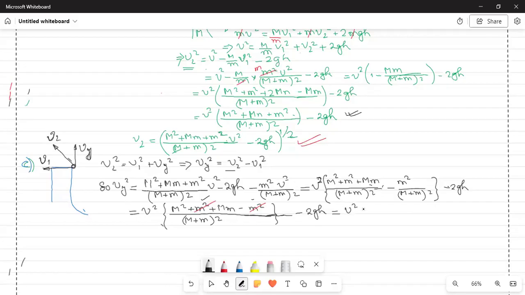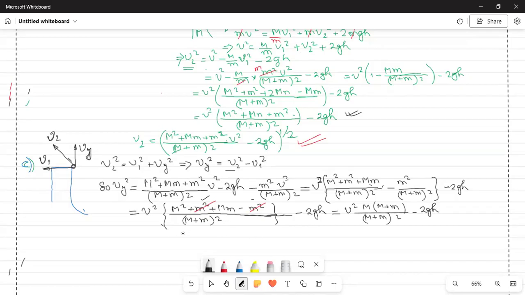This is equal to v square multiplied by, here it is again capital M square plus capital M small m. So I take capital M common, so I have capital M plus small m, divided by capital M plus small m whole square, minus 2gh.